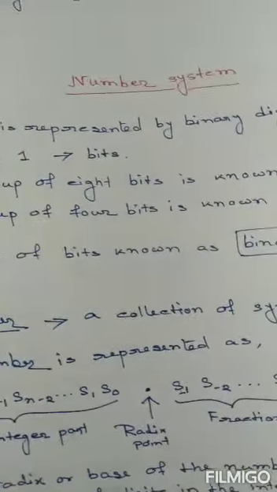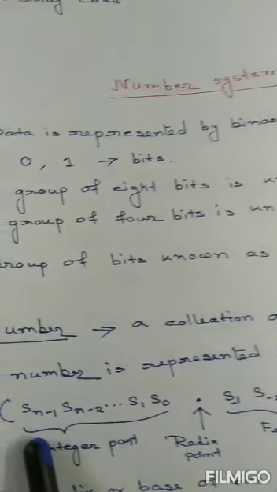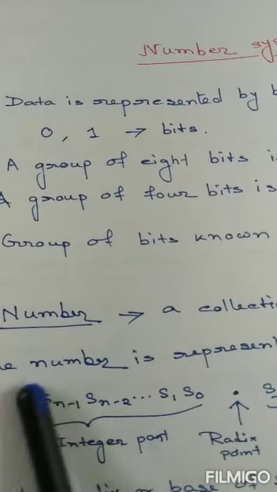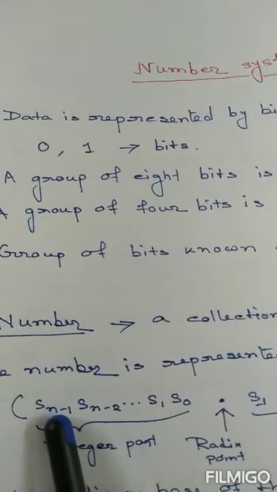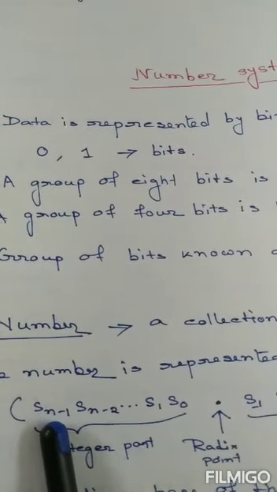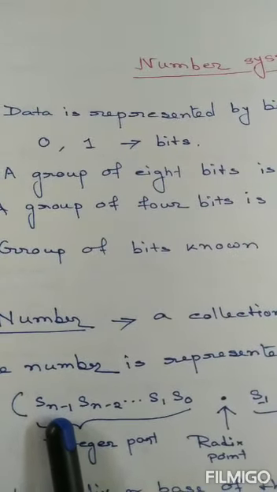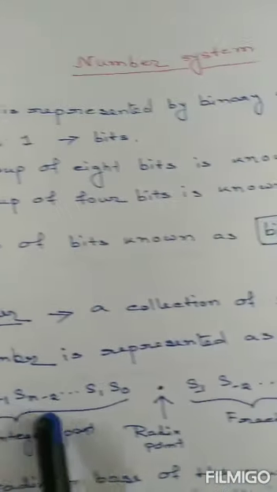Now, this digit, Sn minus 1, is called the most significant digit, that is MSD.